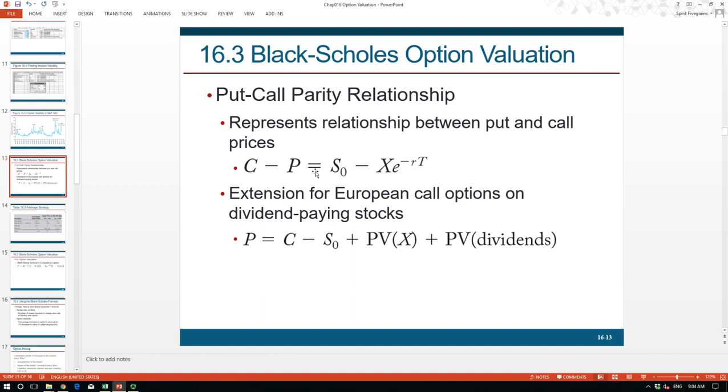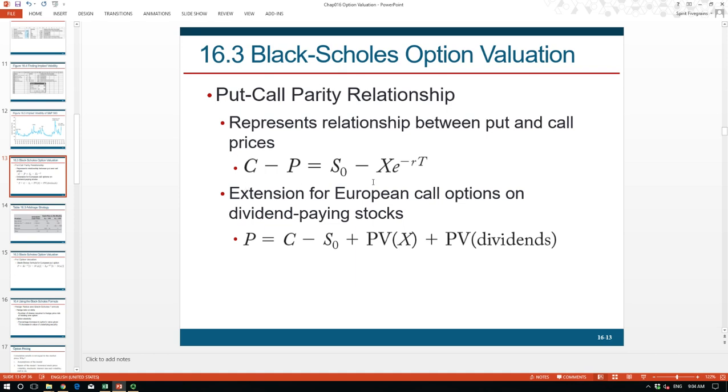On the right, that is the difference between the stock price and the present value of the strike price. And for a dividend-paying stock, if it's not dividend protected, then it follows another equation. But here we simply focus on this simple put-call parity.